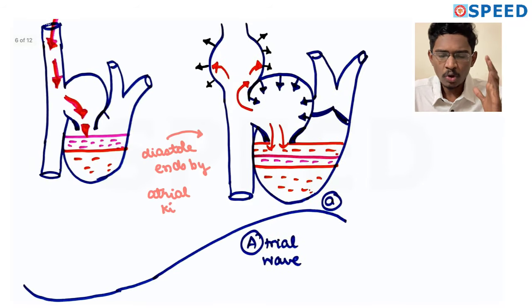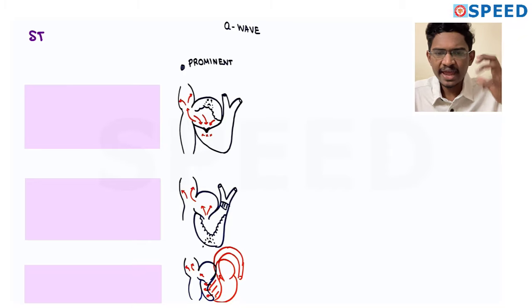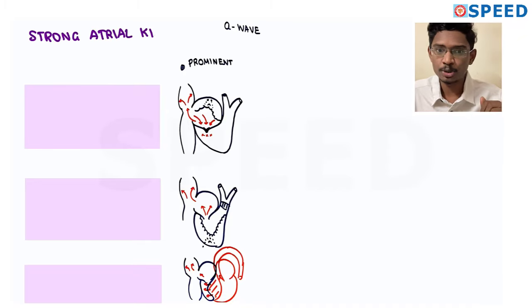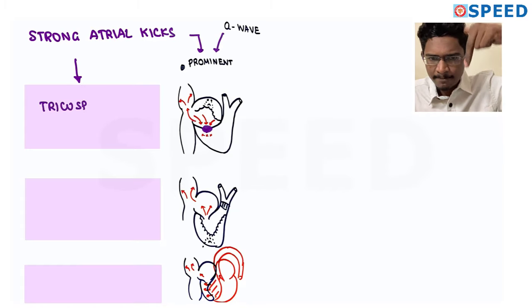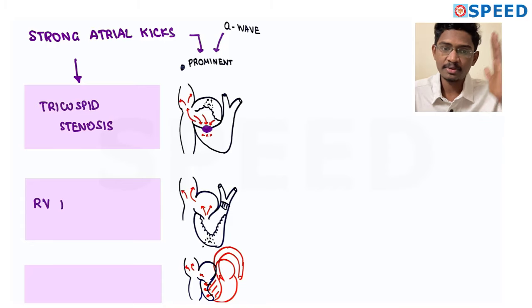Now I need to know where the prominent A waves in JVP are. First, whenever the atrium contracts vigorously, strong atrial kicks will produce a prominent A wave. So there should be obstruction in some part of the tract. If the tricuspid valve is stenosed, then strong atrial kicks will happen, producing a prominent A wave.